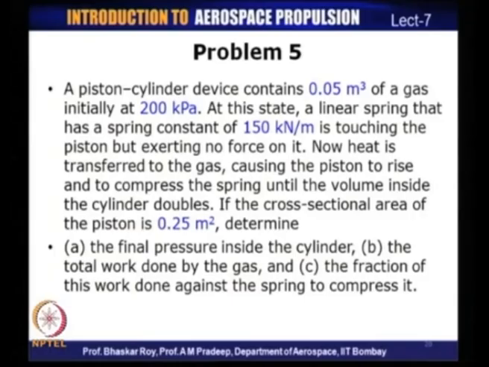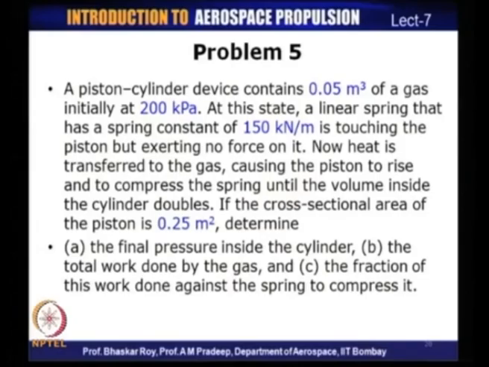Now, heat is transferred to the gas, causing the piston to rise and to compress the spring until the volume inside the cylinder doubles. If the cross sectional area of the piston is 0.25 meter square, determine part A, the final pressure inside the cylinder, part B, the total work done by the gas, and part C, the fraction of this work done against the spring to compress it.